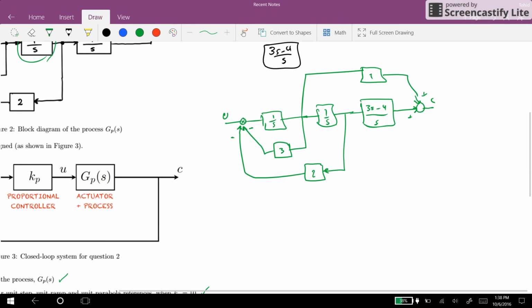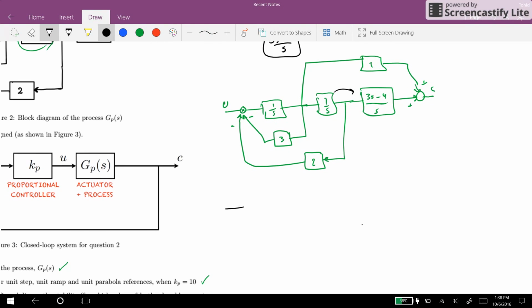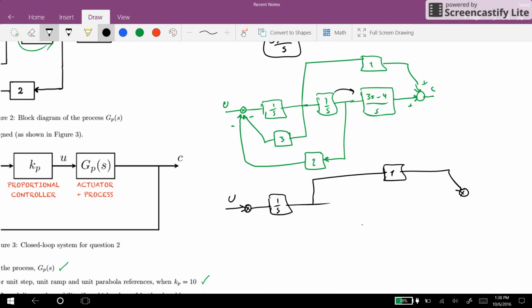So if we move this 1 over S to the other side, what we end up is like this. U, 1 over S. So we have 1 here. We have 3 with the negative feedback. 1 over S moves to the other side.